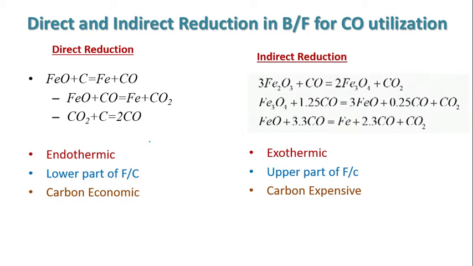This reaction is generally a combination of two other reactions. One is FeO plus CO gives rise to Fe plus CO2. Another is CO2 plus C gives rise to 2CO. That means FeO is reduced by carbon monoxide and the generated CO2 is utilized in gasifying the carbon to carbon monoxide, which is again ready for the reaction.